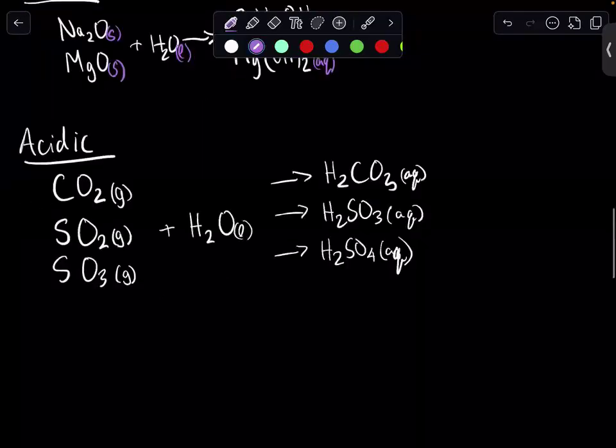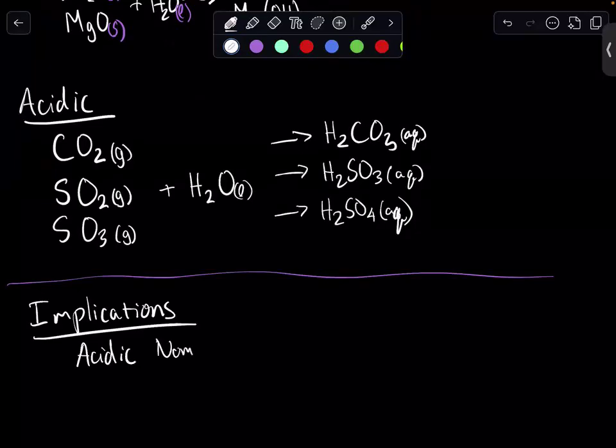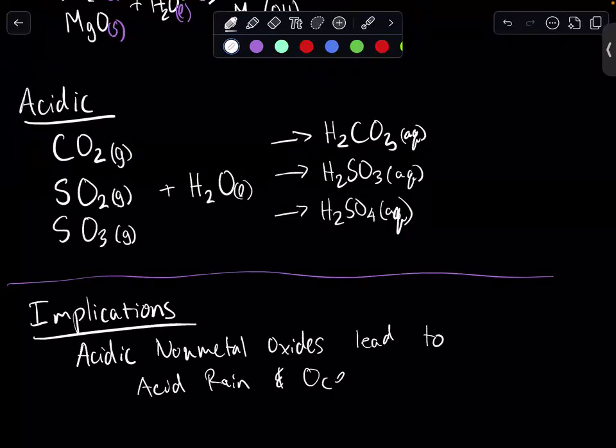Now, the reason you need to know them is due to their implications in nature. So we're going to go over these individually, implications. Specifically, acidic nonmetal oxides will lead to two things: acid rain and ocean acidification.